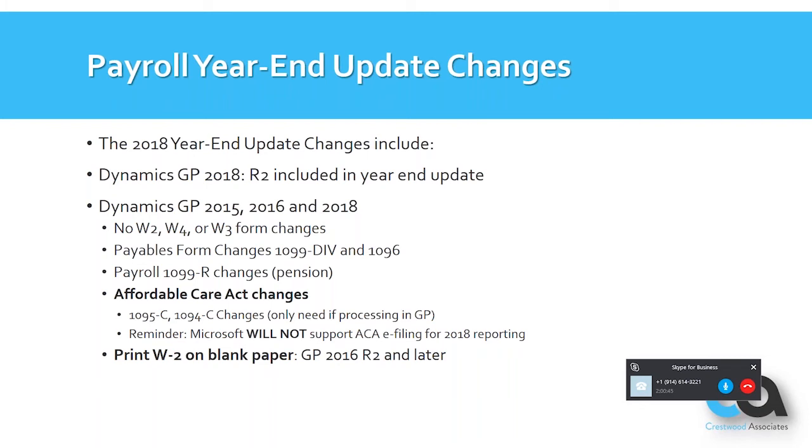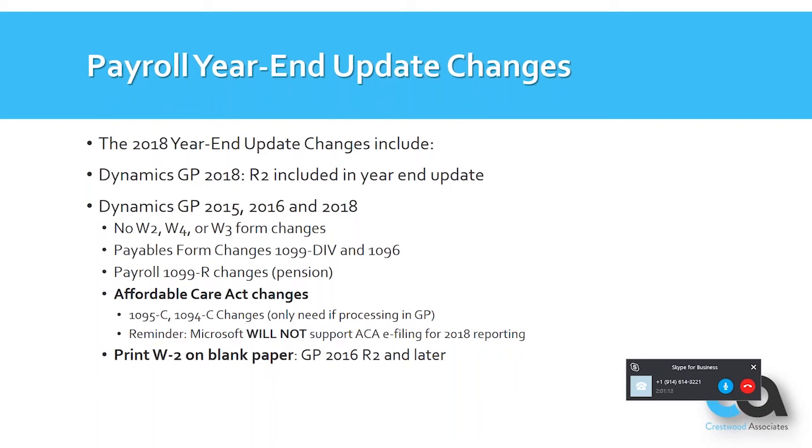So the first thing we want to mention is some of the year-end updates that were specific to payroll. Keep in mind that the year-end update includes 2018 R2, so it will update your actual release version, which will include a bunch of other bug and issue fixes on Dynamics GP if you're running 2018.